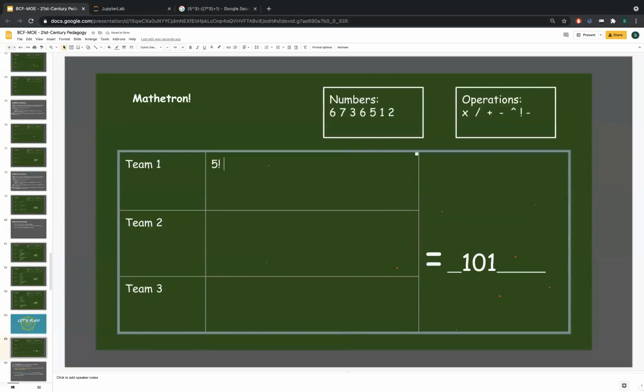Sir, maybe I will try it, sir. You want to type it? Yeah. No, sir. I will try, sir. So 5 factorial minus, minus, open the bracket, and 7 times 3, then close the bracket. Sorry, sir.